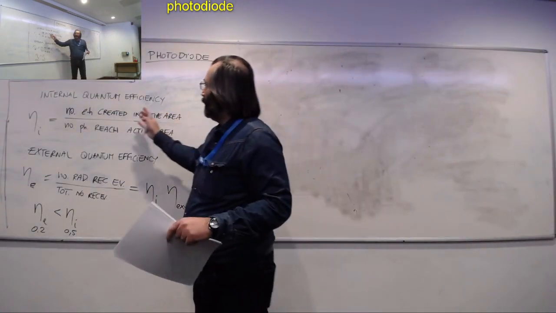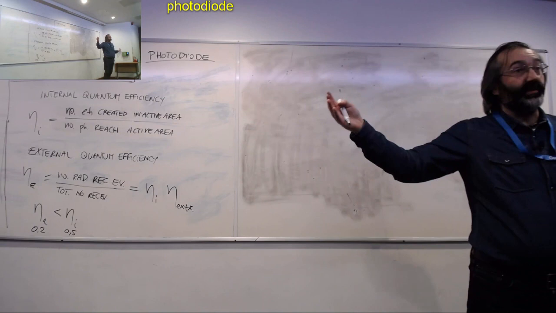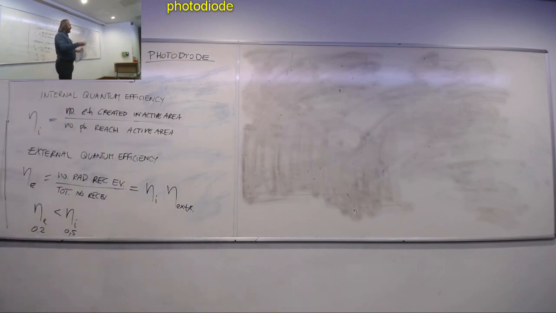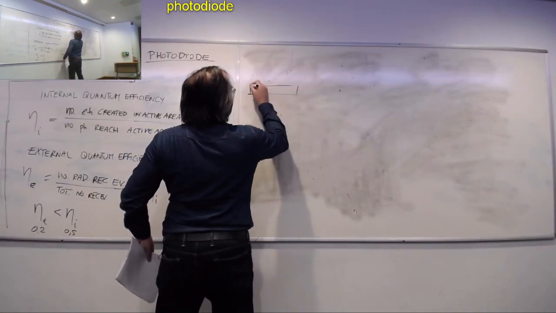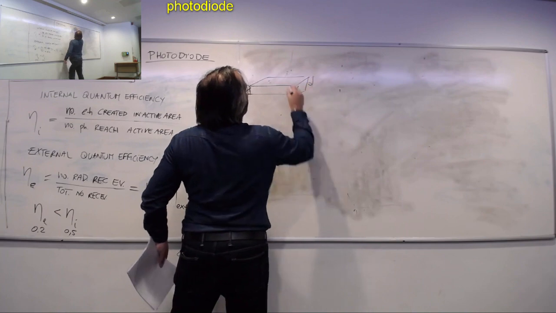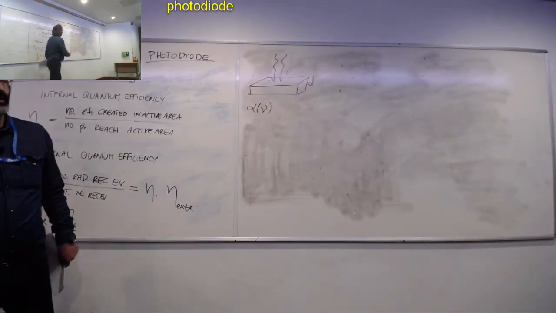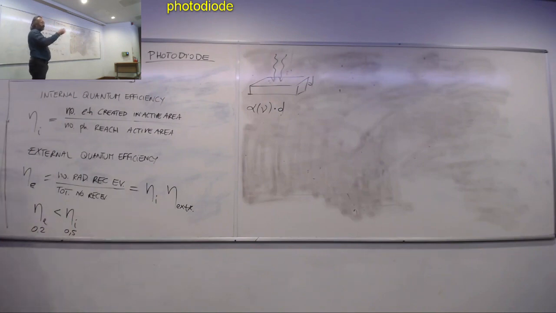The external quantum efficiency, let's stay on the internal. We know already something that could point us in this direction, and that's what we call the absorption coefficient. We said that the absorption coefficient is the probability that a photon is absorbed, which means we'll create an electron-hole pair per unit distance. So if I was dealing with a piece of semiconductor of thickness d, and my photons are hitting the semiconductor, and the semiconductor has an absorption coefficient alpha, then alpha times d would tell me the probability that each photon has to be removed from the beam.